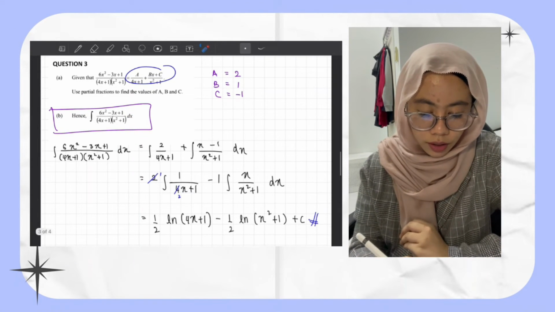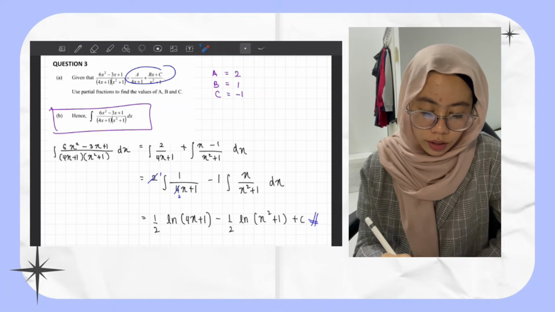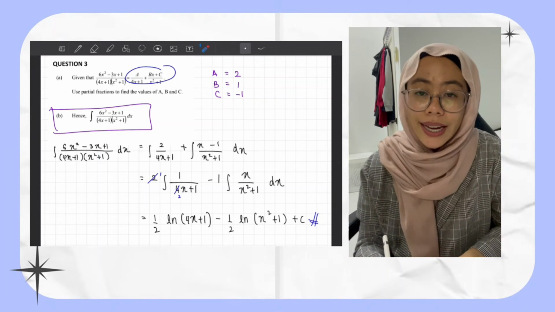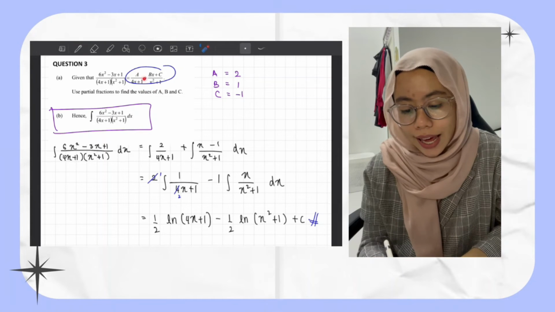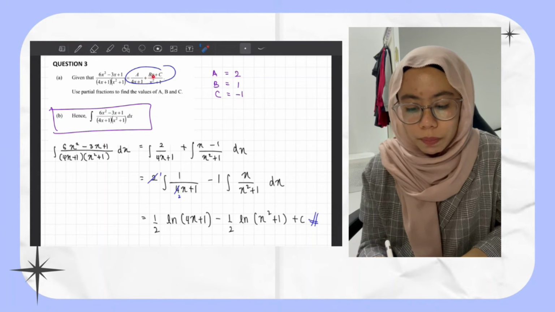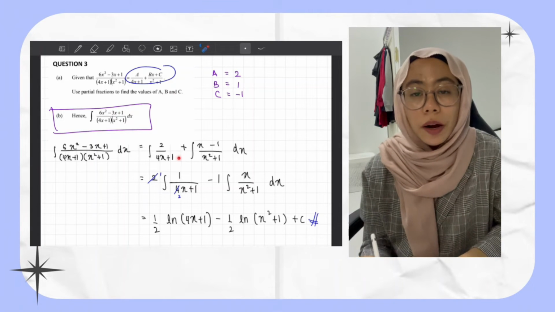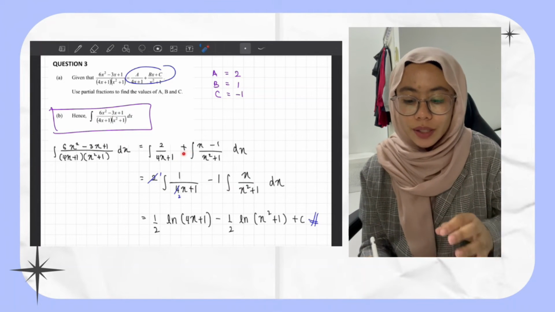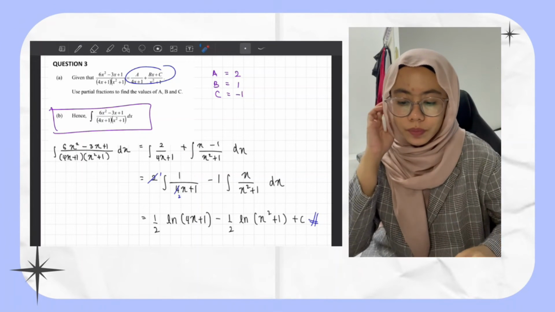Just write back the integration here, and equal to, we take the equation from question A, A over 4x plus 1 plus bx plus c over x power 2 plus 1. Since we already got the values of a, b, and c, just put the values into the equation.